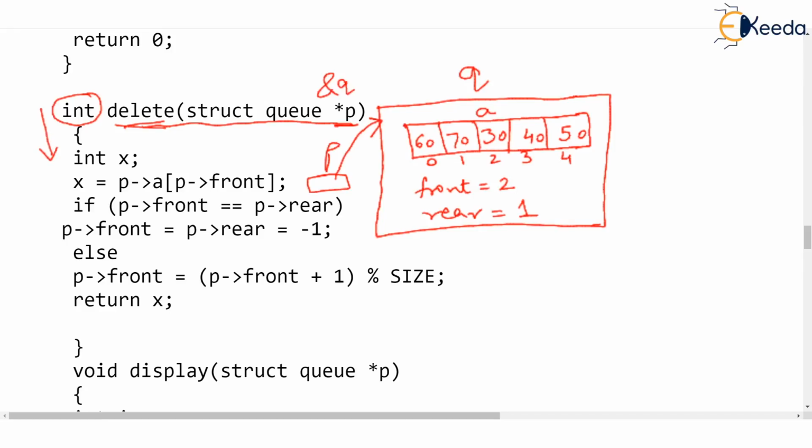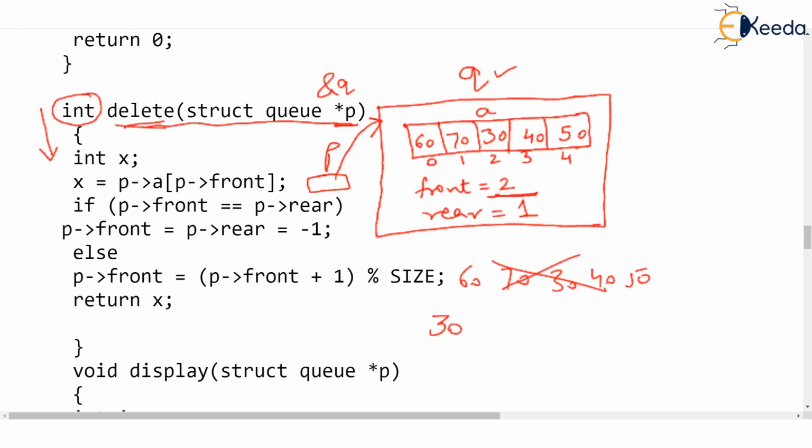First of all, have a look at the circular queue that has been shown here. If I ask you which are the values in the circular queue and to give them in correct order, then your answer should not be 60, 70, 30, 40, 50. This is the wrong answer. The correct answer is that the first value in this circular queue is 30, because you can see the front counter is 2 here.